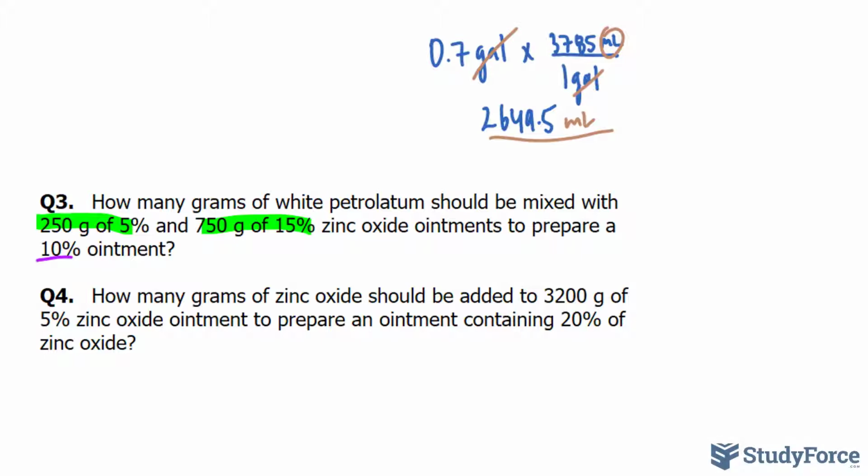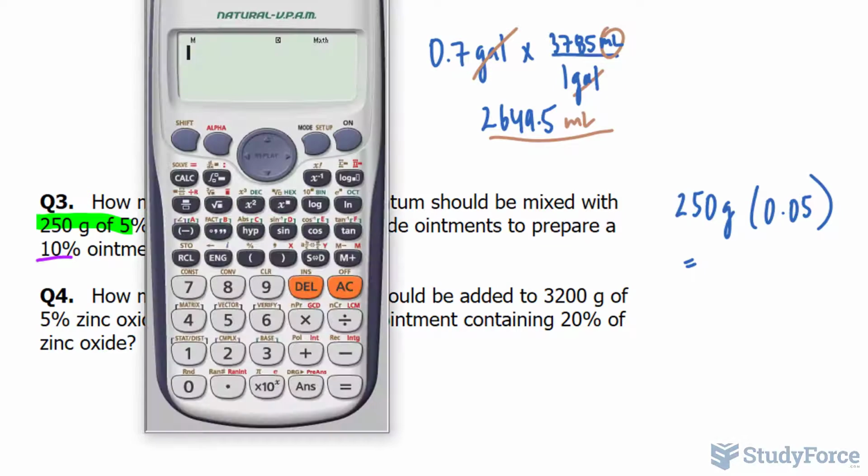And I can easily do that by taking the mass of each of them, for example 250 grams, and multiplying it by its percentage. So 250 grams times 0.05 made into a decimal. This will give me the amount of active ingredient found within this mixture.